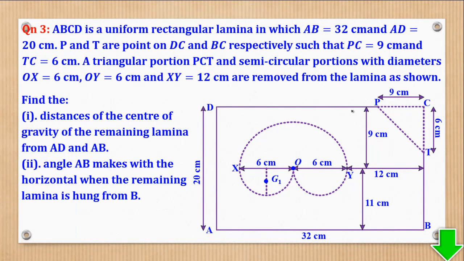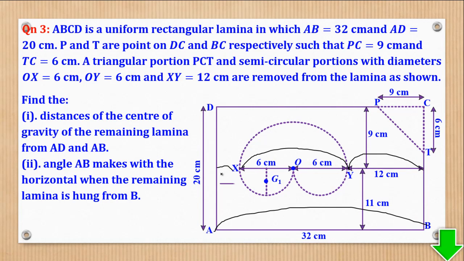So from here, T is 20, and from here, T is 9, meaning the balance is 11. Also, from here, T is 32. And what about from here? We know that from here, T is 12 plus 12, which is 24. Again, the balance should be 32 minus 24, which is 8.